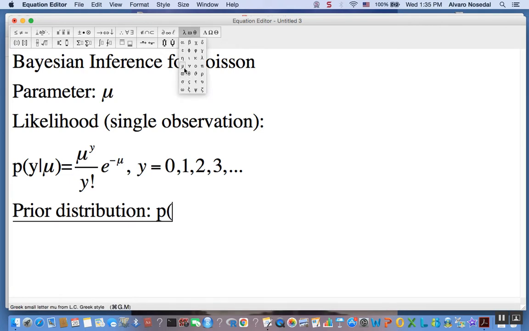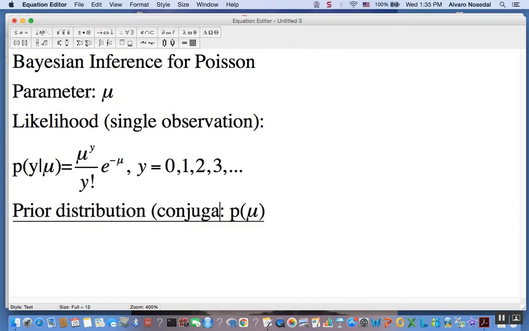It's a probability distribution, and to be more specific, the kind of prior that we're going to be considering here is the conjugate prior.